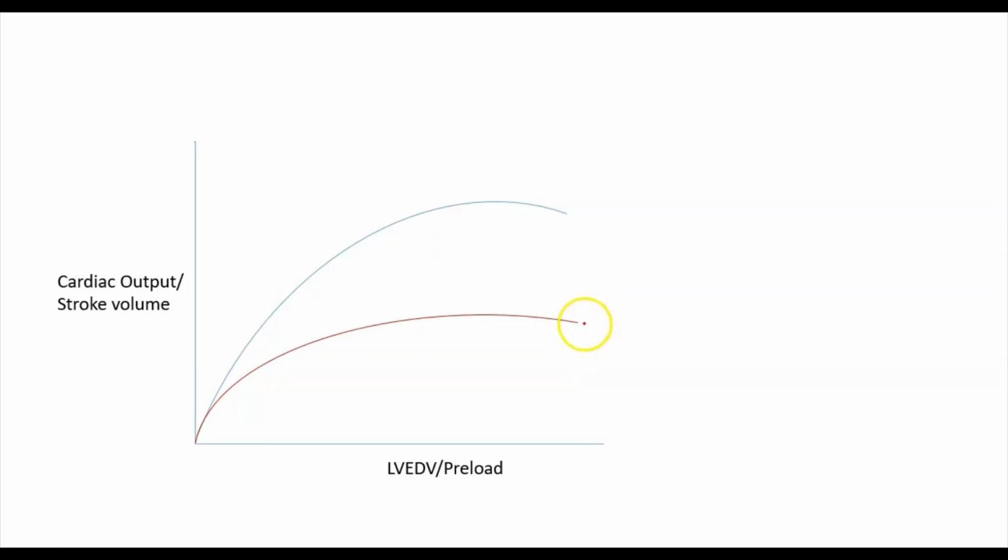It is important to recognize that in these situations, the only way the patient can improve is by diuresing the patient so that you can shift them towards the left of the Frank-Starling curve back towards this optimum cardiac output point, whereby improved renal perfusion will then resolve the pre-renal acute kidney injury. And so in these situations, the presence of a pre-renal acute kidney injury is not a contraindication to diuresis.